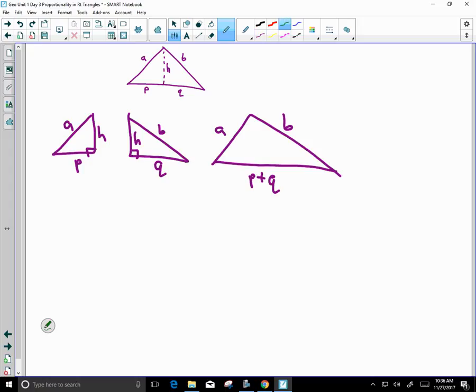And obviously, I'm going to play around with these angles. Let's call this alpha. And if this is a right triangle up here, what will this angle here have to be? From B and P plus Q, what will this angle have to be? 90 minus alpha. We're going to put that in here.